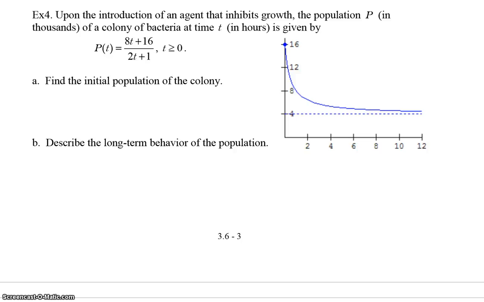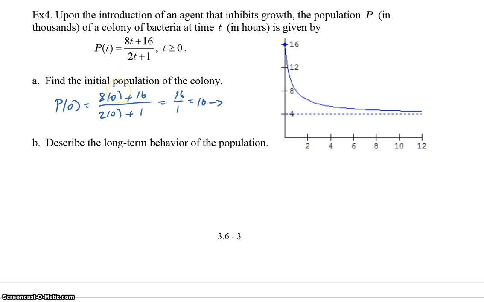Part A says find the initial population of the colony. That would be the population at time 0, p of 0. If we substitute that in, it's 8 times 0 plus 16 over 2 times 0 plus 1. That would simplify to 16 over 1, or 16.